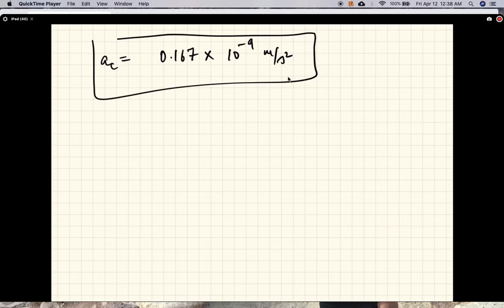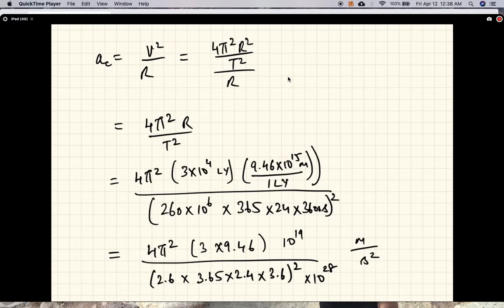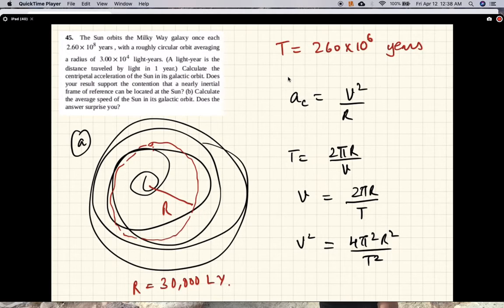A very small acceleration, and so we can consider the frame attached to the sun as an inertial frame of reference.